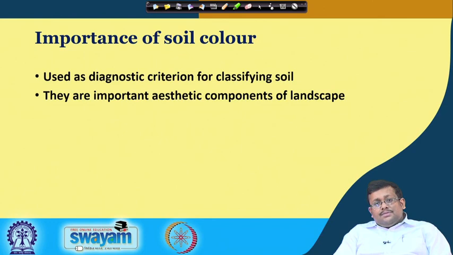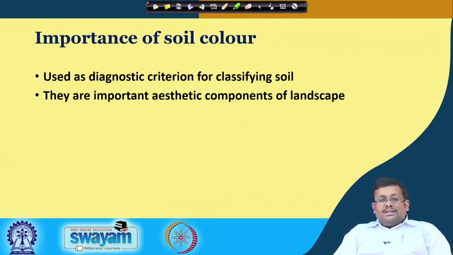It is very important to examine the soil color before we go for other soil physical property measurements. Again, soil color shows a snapshot of different properties, and it helps us interpret different soil properties, specifically the presence of organic matter or moisture.